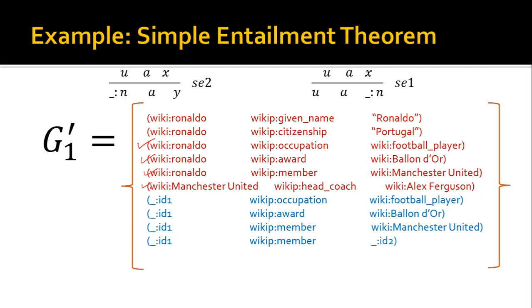So for this we have used AC1 plus AC2, and if we do that, we'll get something like this: ID1 member ID2. So both the ends are anonymized, right? And finally, we can say for this Manchester United, which has been weakened to the ID2, this has got the head coach Alex Ferguson, right?